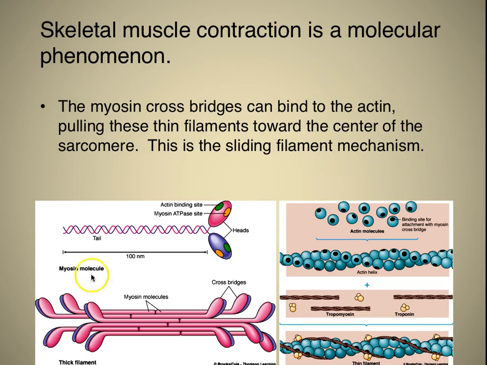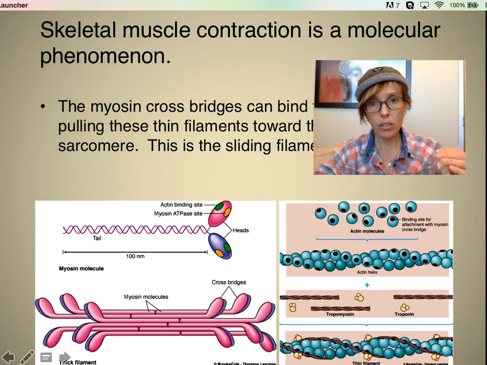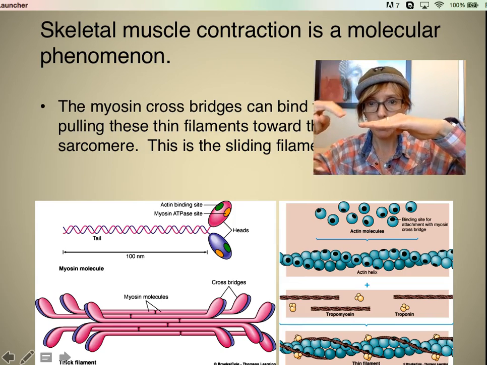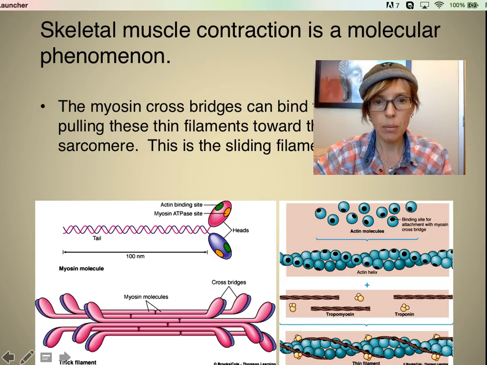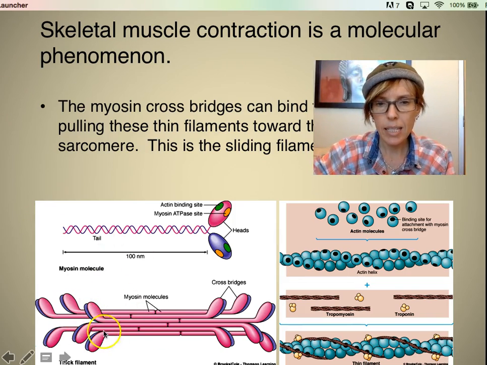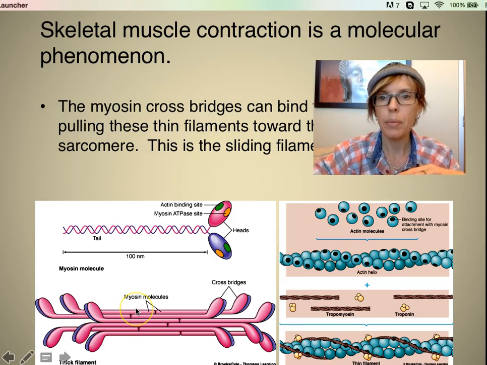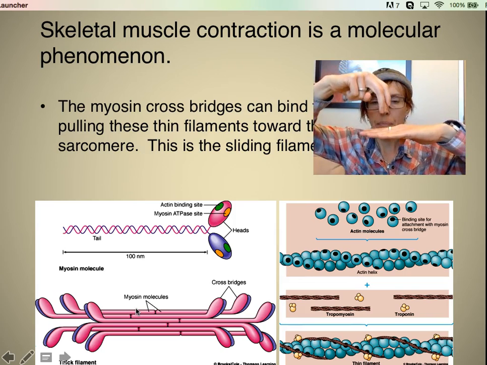Okay. And as I was mentioning to you guys, I'm going to kind of bring you back for a second. Here we have our actin, and here we have our myosin. And you can see in this image down here, this myosin has what they call club-like heads.